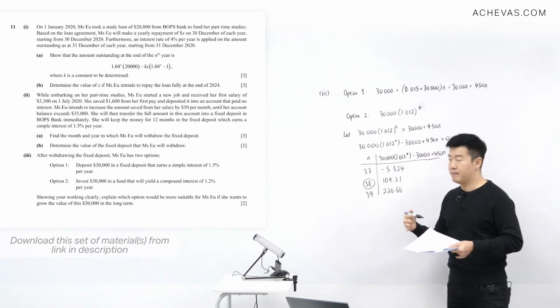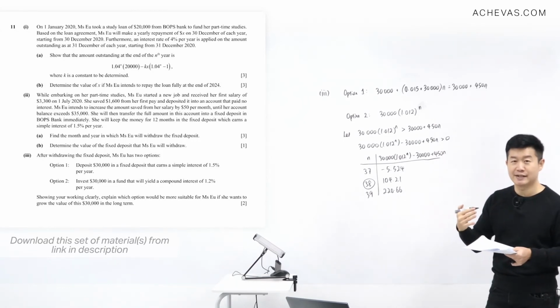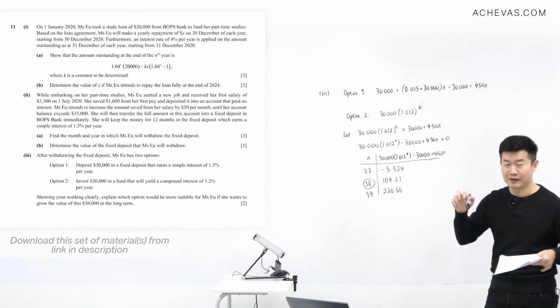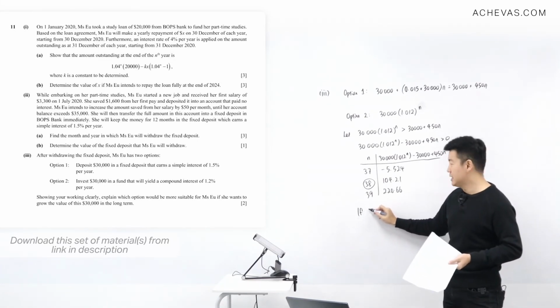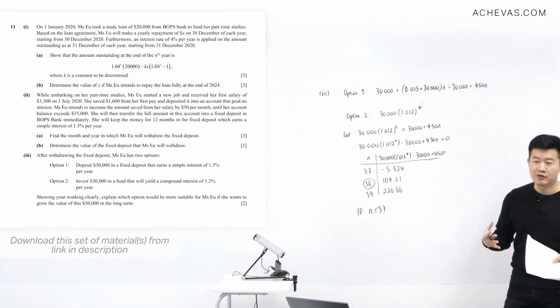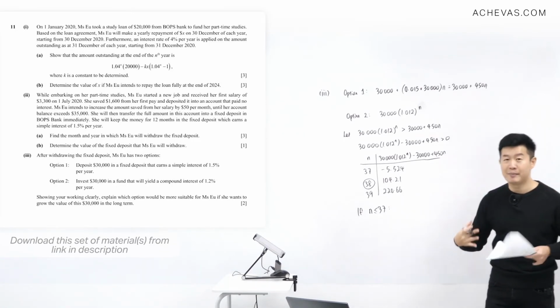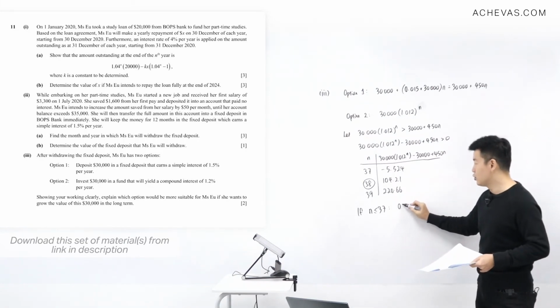So for Miss Yu, how will we advise her? It really depends on what she sees as a long run. If she's planning to get more money within the first 37 years, so if n is less than or equal to 37, if she's planning to take out her money before the 37th year or on the 37th year, she should go for option 1.